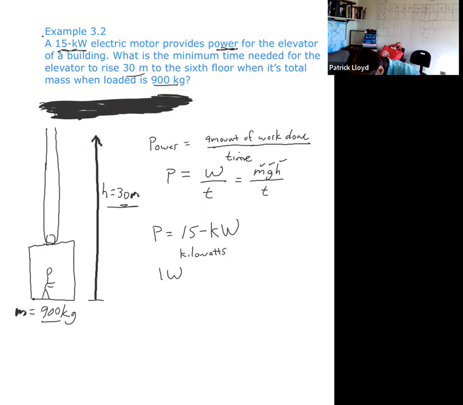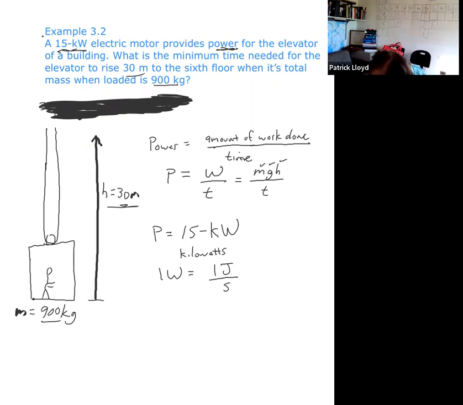And a watt is a joule per second. So when we say that the motor is providing 15 kilowatts of power, what we mean is it's doing 15 kilojoules of work for every 1 second that it operates.